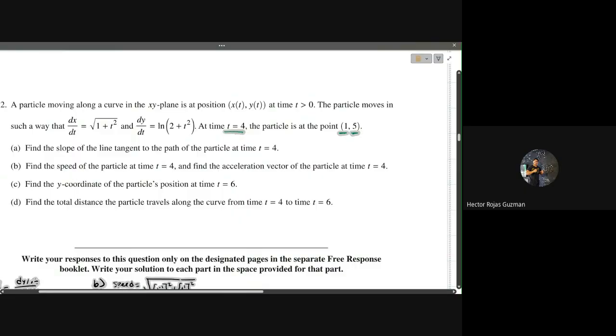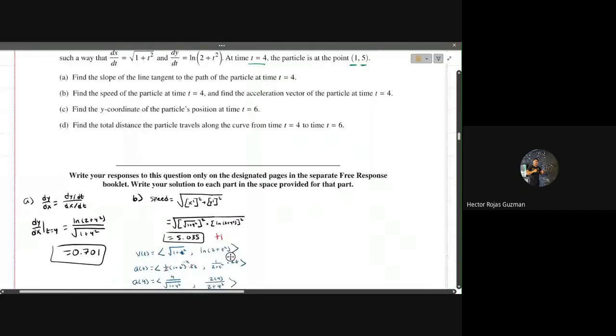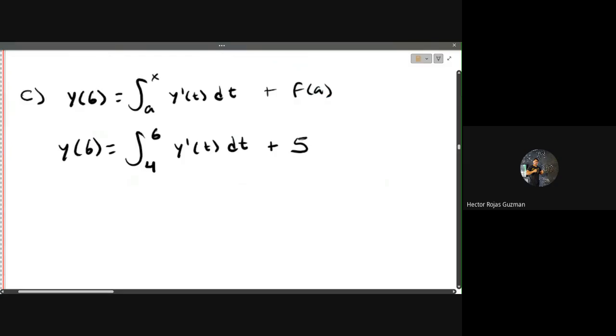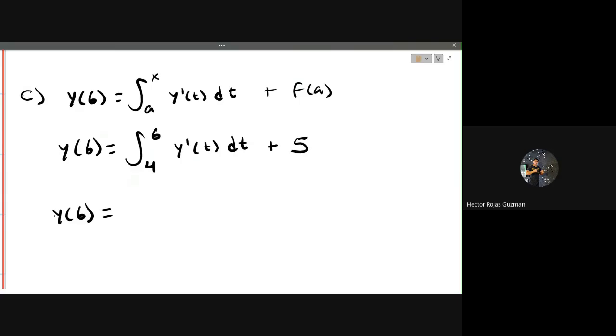When t is equal to 4, the y component is 5. And again, it's just all calculator work. Plug it into your calculator and you get 11.571 is the y-coordinate when t is equal to 6.